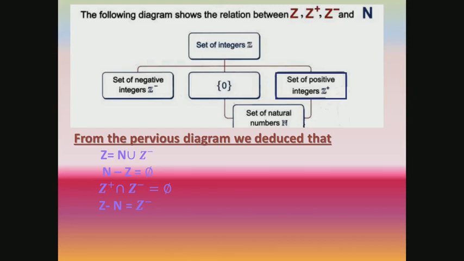The last one, Z minus N is equal to Z negative. Why? Because when we take the set N from Z, it leaves Z negative. Pay attention here: Z minus N is equal to Z negative, but N minus Z is equal to empty. Pay attention to these points.